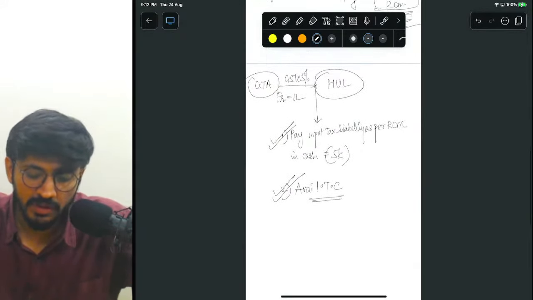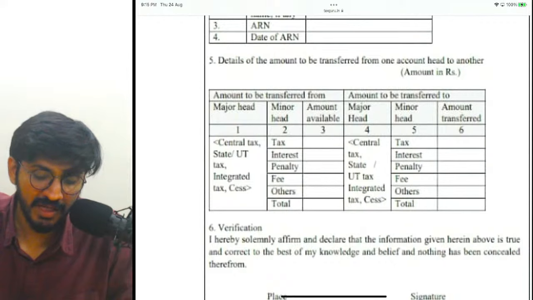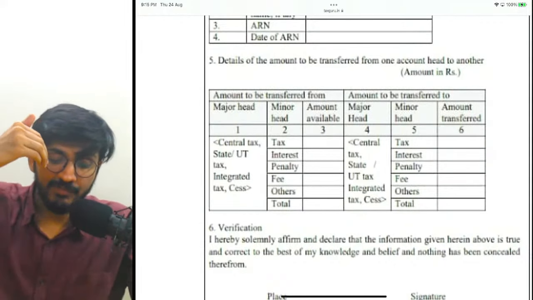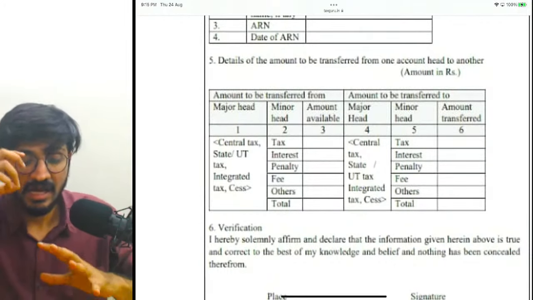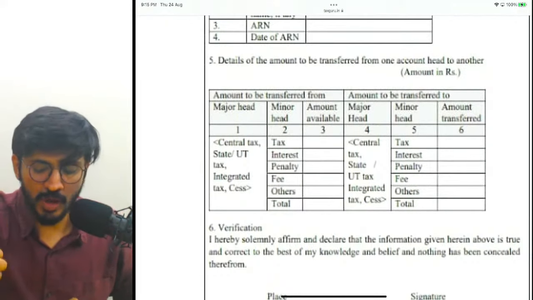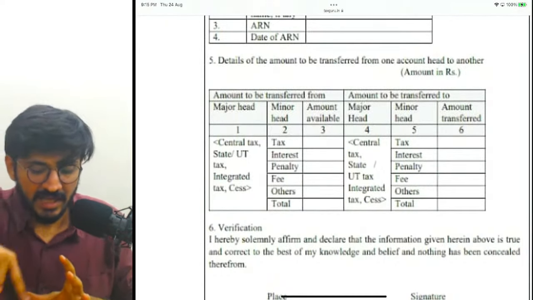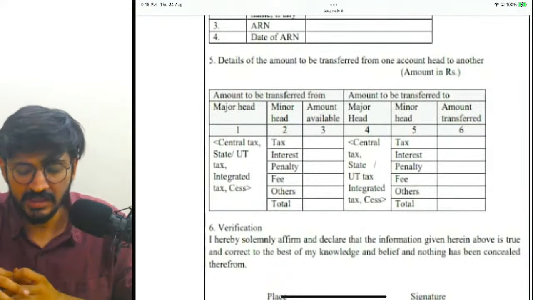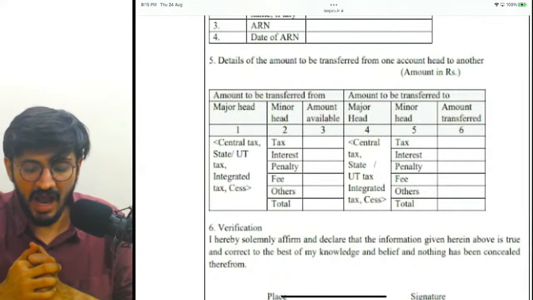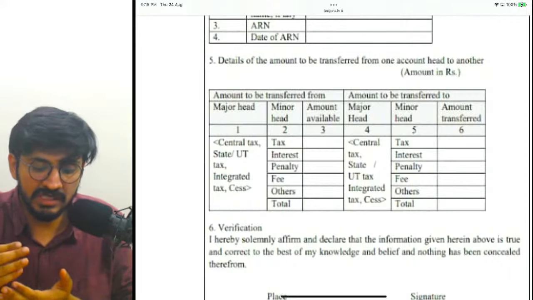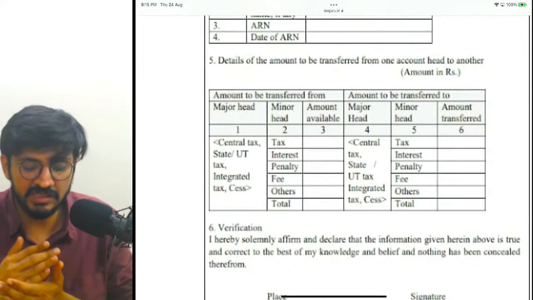So initially, if my balance was in the CGST major head and the minor head of tax, understand, in that case I couldn't transfer it to CGST interest, CGST penalty, CGST fee.